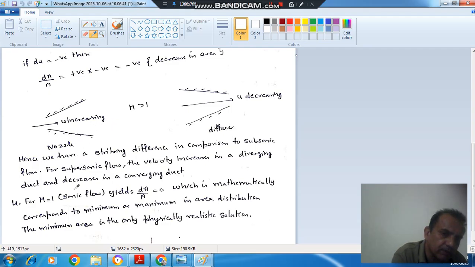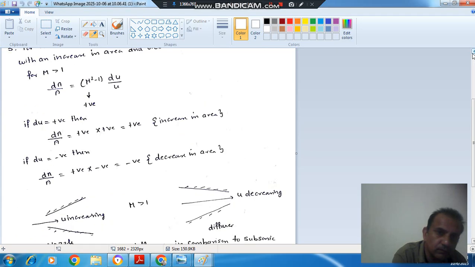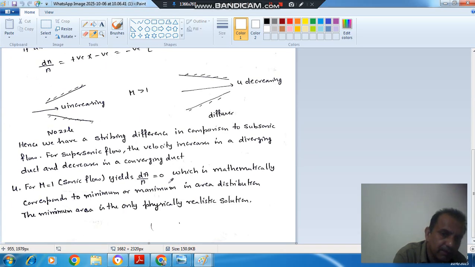So now what happens when the flow is sonic flow? For sonic flow, M is equal to 1. If M is 1, then this quantity is 0, so dA by A is 0. So it means there is no change in area. That corresponds to either minimum area or maximum area mathematically.